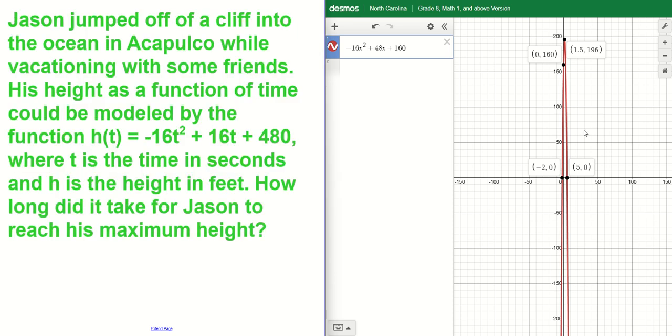All right, go ahead and give this problem a try. Jason jumped off a cliff into the ocean in Acapulco while vacationing with some friends. His height as a function of time could be modeled with the function there, where t is time in seconds and h is the height in feet. How long did it take for Jason to reach his maximum height?